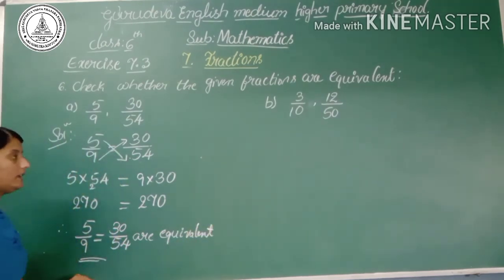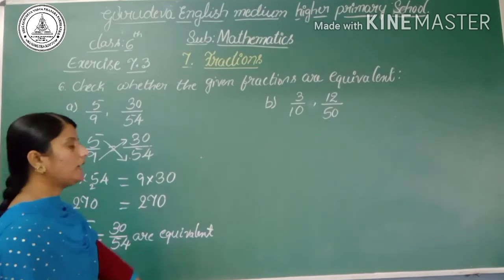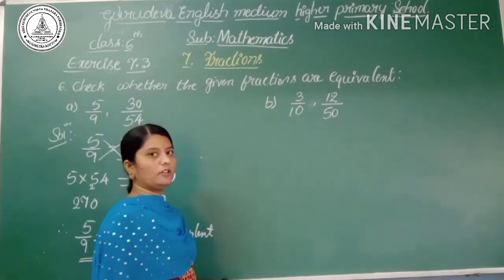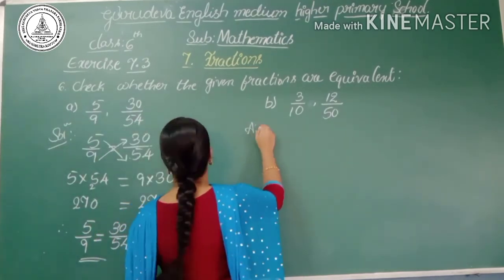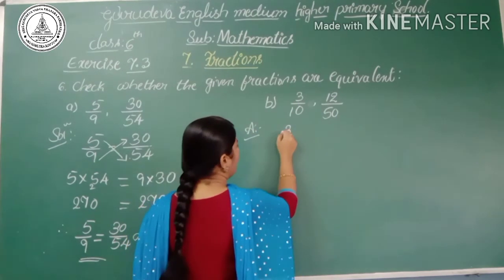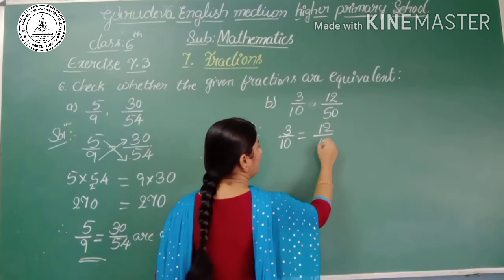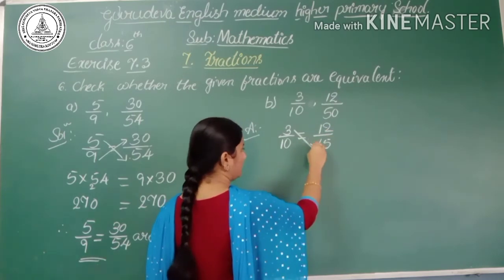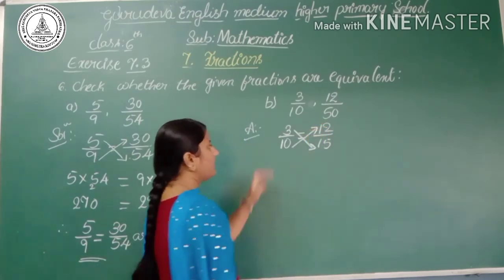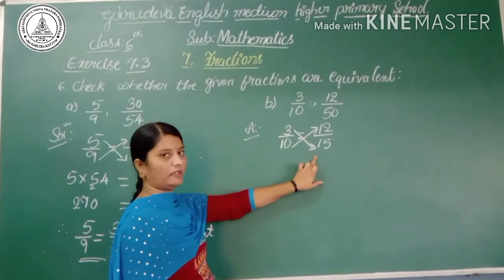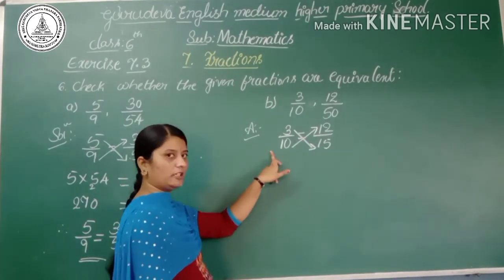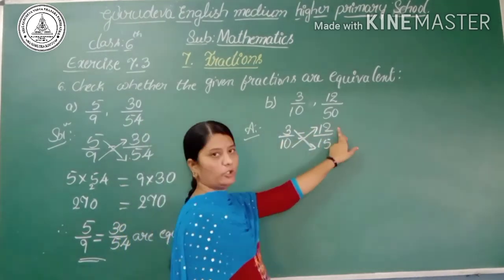Then similarly do the second one, 3 by 10 comma 12 by 50. Write 3 by 10 equals 12 by 50. Let's do the cross multiplication: product of the first numerator and the second denominator, product of the first denominator and the second numerator.